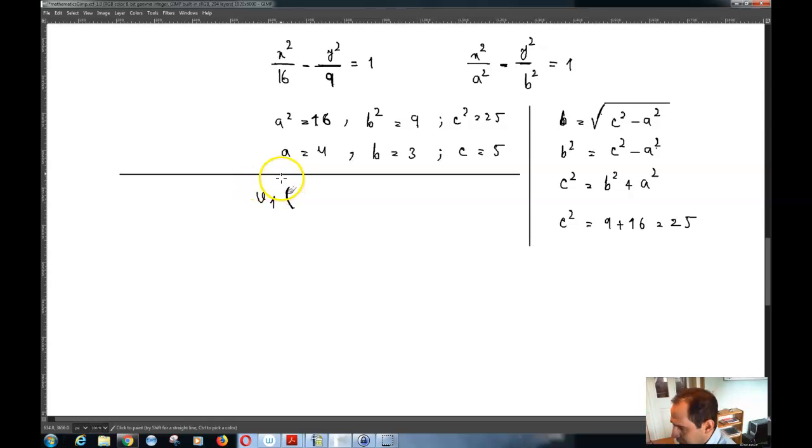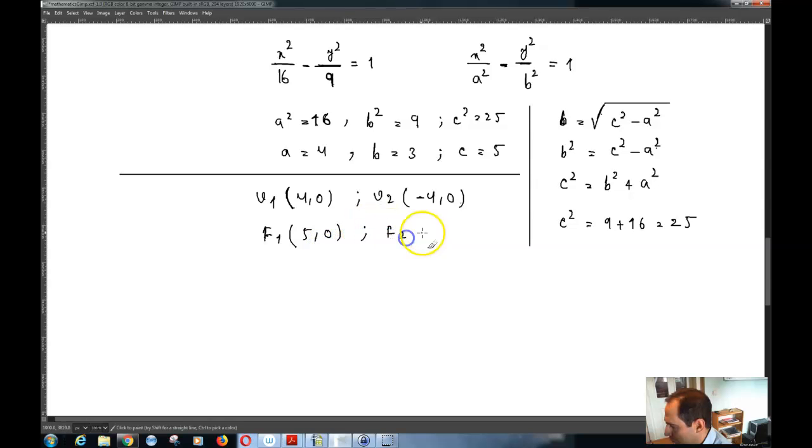So the vertices are at the distance a from the center. So it's going to be basically plus or minus a, meaning that 4, 0, and then V2 would be negative 4, 0. Your foci would be at the distance c from the origin or from the center. So that would be 5, 0, and F2 would be, for example, negative 5, 0.